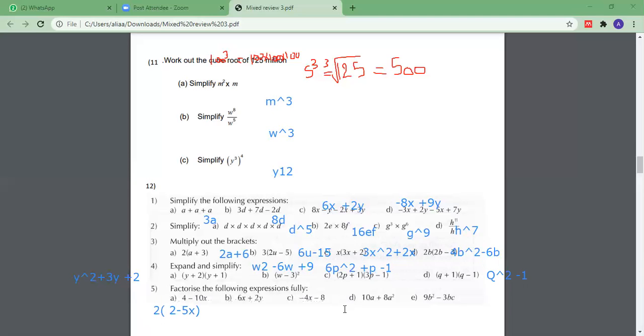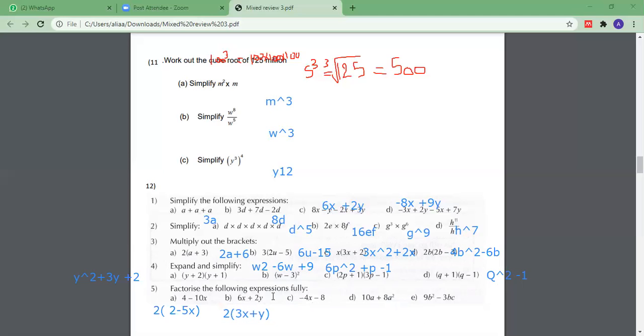And here, 6x plus 2y, I will take 2 common, and then 6x divided by 2 will be 3x, 2y divided by 2 will be plus y.